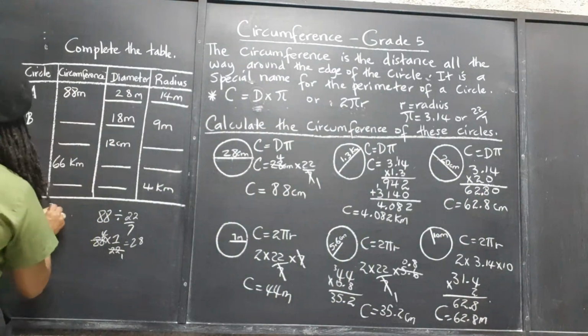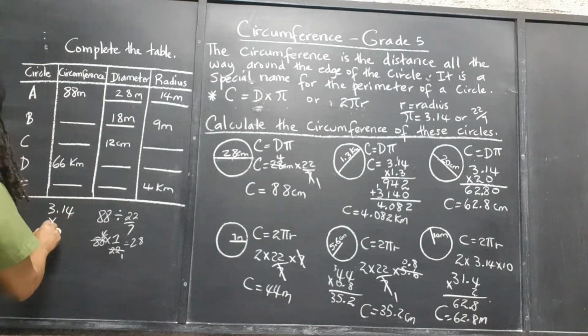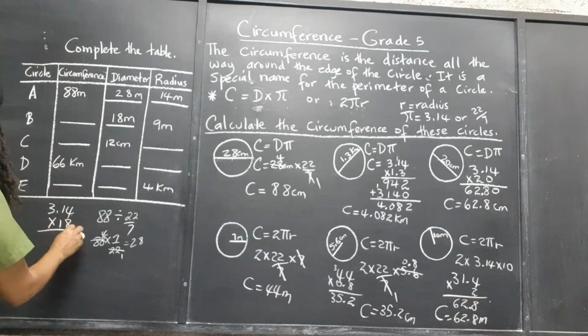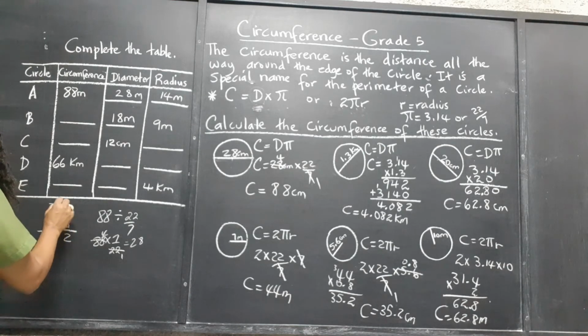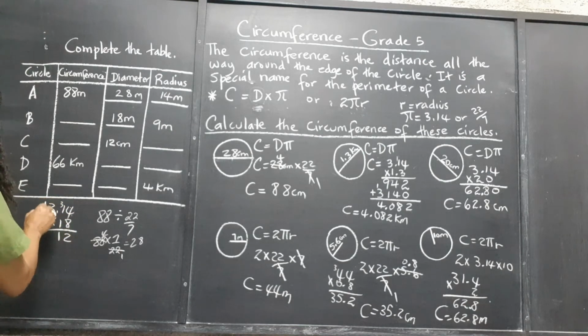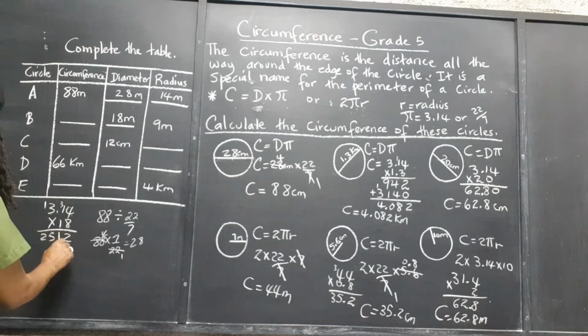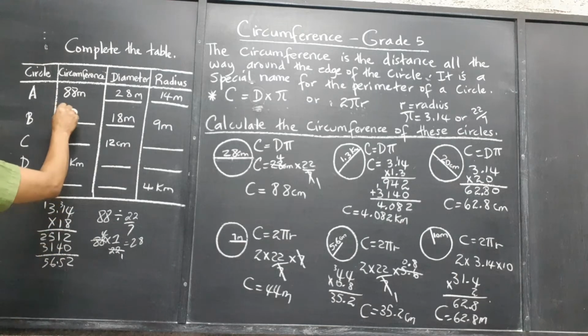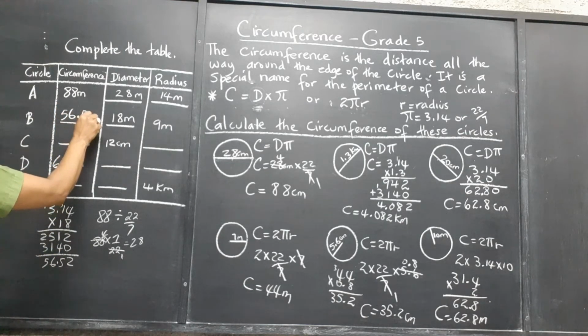So 3.14 times 18, 8 times 4 is 32, 8 times 1 is 8 and 3 is 11, 8 times 3 is 24 and 1 is 25, 1 times 4 is 4, 1 times 1 is 1, 1 times 3 is 3, and it's 2 decimal places, so that's 56.52 meters.